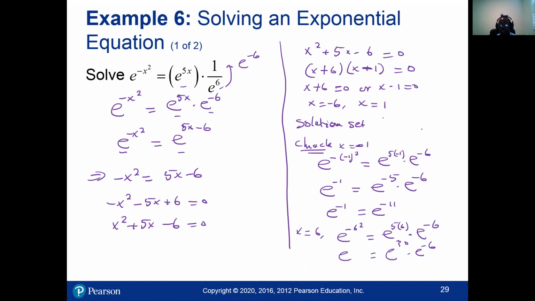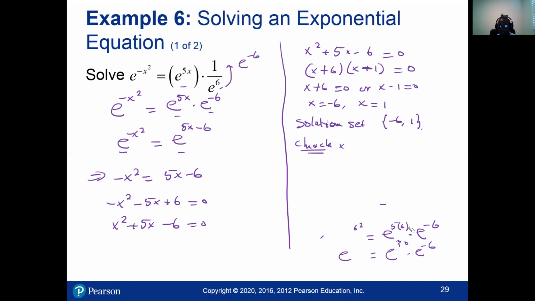All right. So the solution set is what? It has to be negative 6 and then 1. Okay. So if you check this, then that should be correct. Like I said, we should always check before we what? We write down the solution set. Okay.